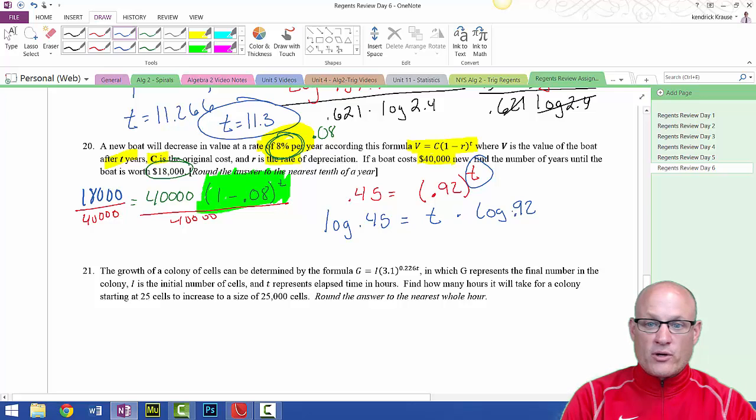Remember, this would be 0.92 to the t, but the t comes down front, so we don't have it here anymore. Divide by log 0.92, and I'm done, except for maybe a little rounding.